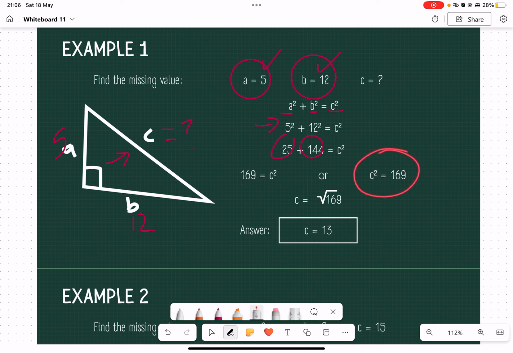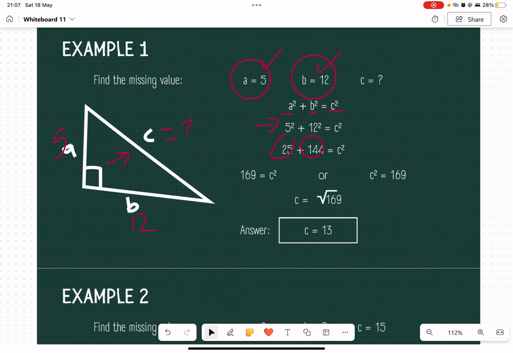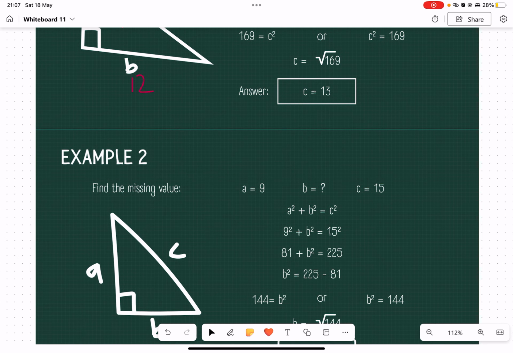Some people prefer to bring the unknown letter to the left, so we can say C squared equals 169. Then we square root 169, remembering we need to square root both sides to remove the square there. The square root of 169 gives us 13. So the length of the hypotenuse in this right-angled triangle is 13. Right. So let's go to the next question.